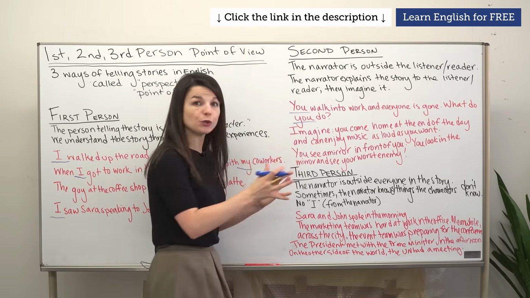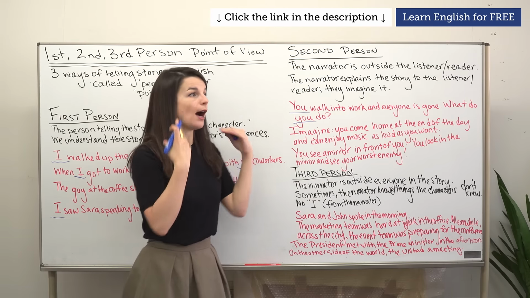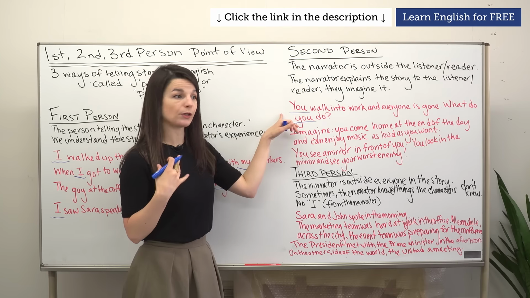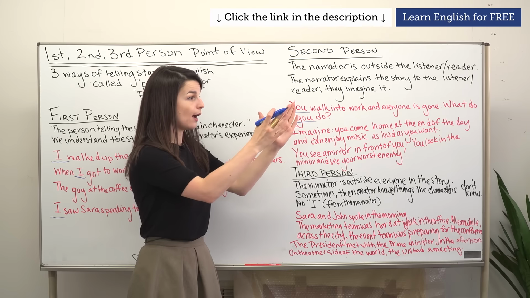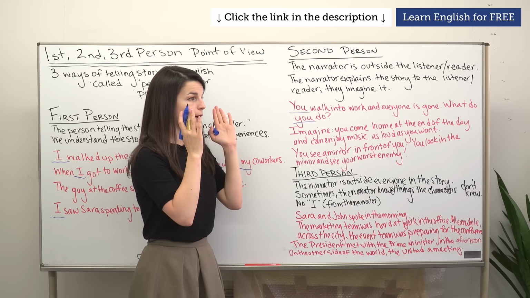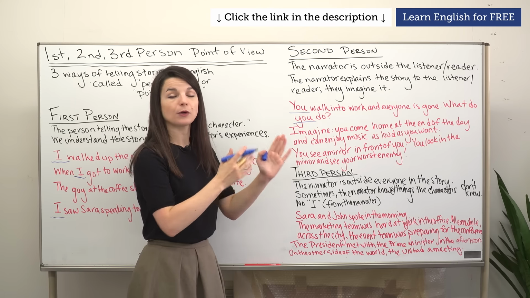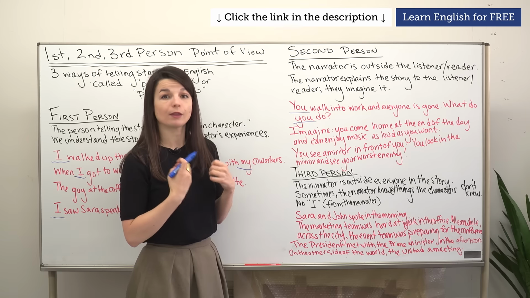What do you do? So this is making us imagine, okay, if I had this experience, what would I do? But these are very direct statements and very direct questions that are supposed to make the listener or the reader imagine the situation happening to them.